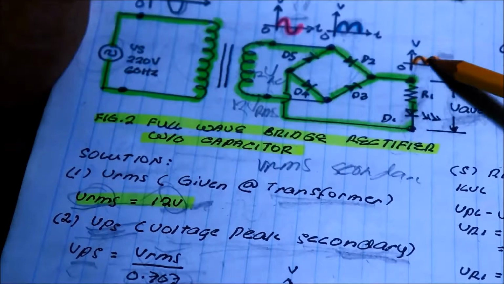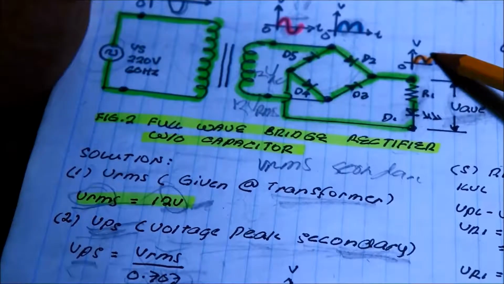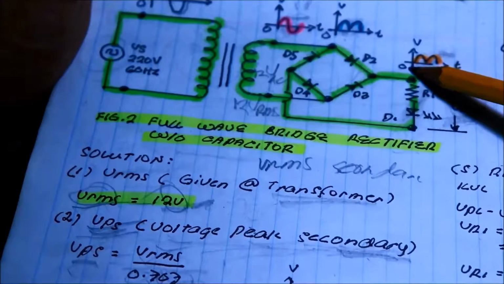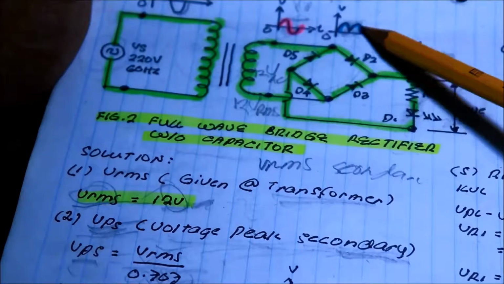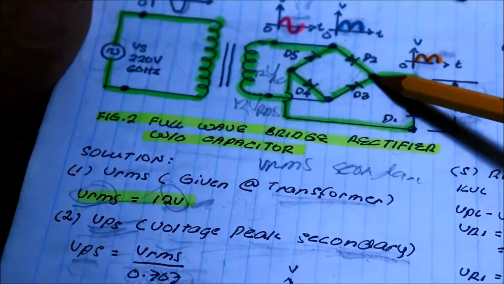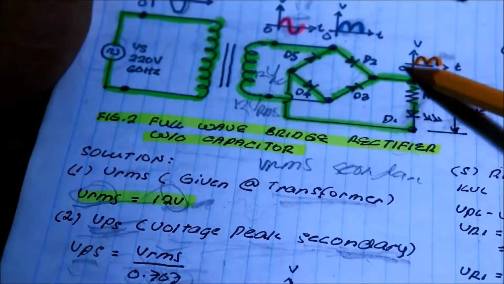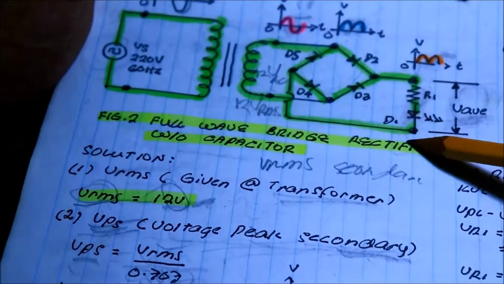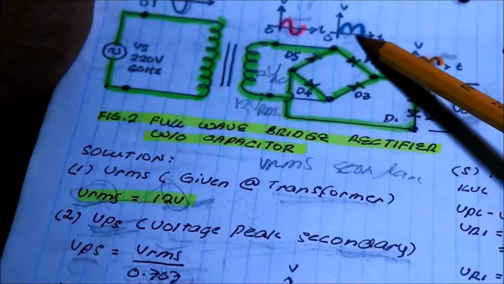Here at the topmost of the wave is the voltage peak of this load, which is the same as the voltage peak of the rectifier, because this is the one supplying the voltage. The rectifier is supplying voltage to the load. That's why they have the same waveform.